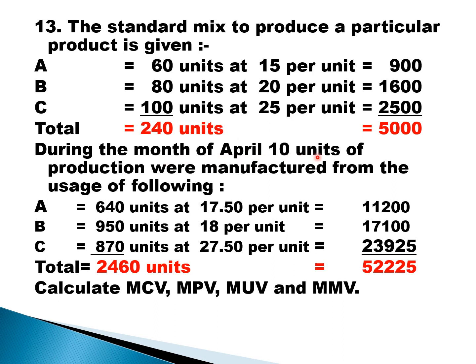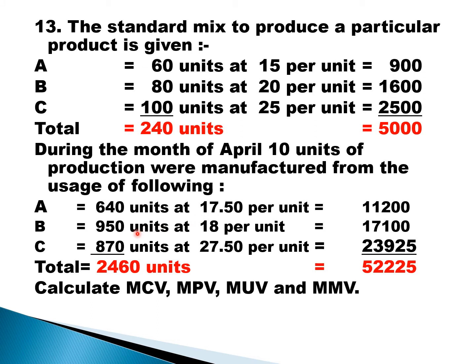During the month of April, 10 units of production were manufactured from the usage of material A, material B, material C. So 10 units is the total manufactured. A: 640 units at 17 rupees 50 paise.